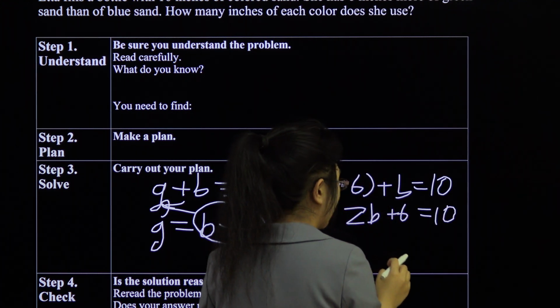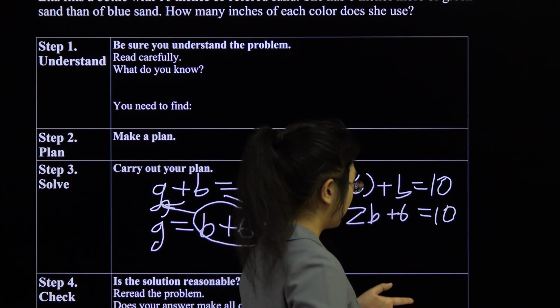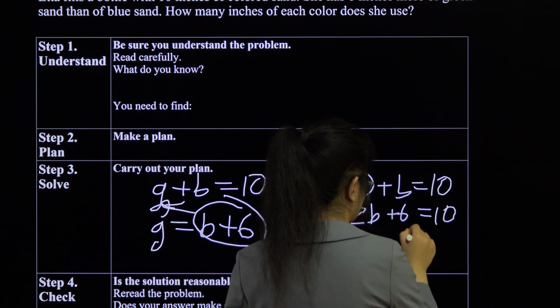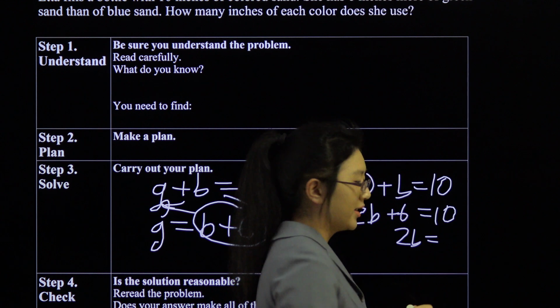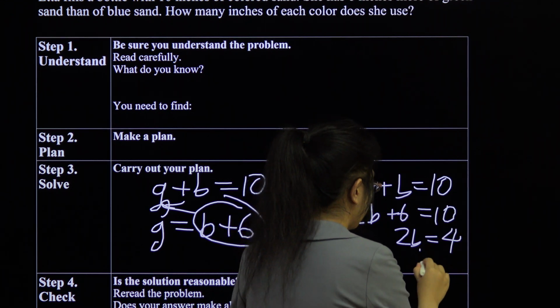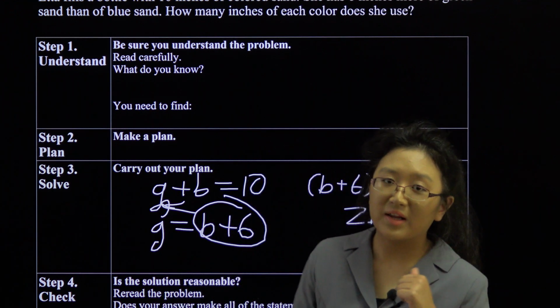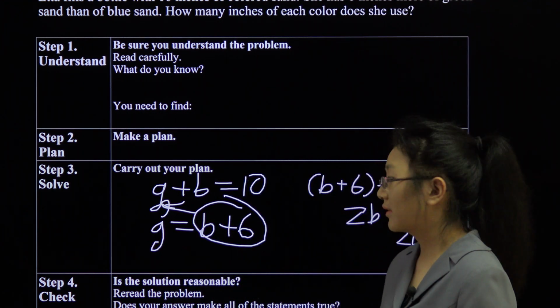And remember that stuff about solving addition equations? You subtract. So 2B equals 10 minus 6, which is 4. B equals 2. Yeah, this would be the algebraic way.